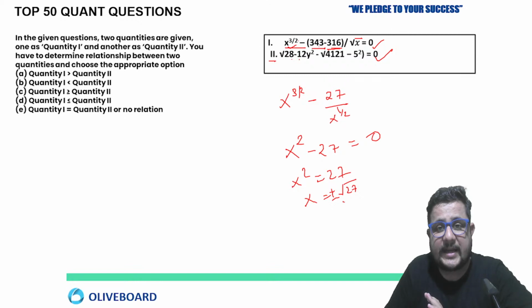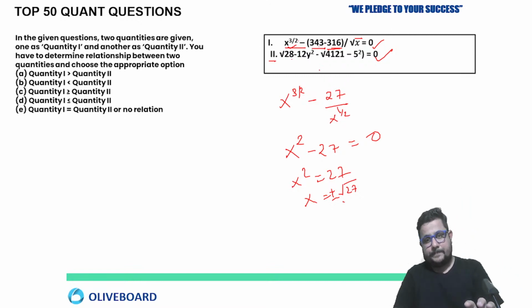Now this one. See here, don't get confused: square root 28 minus 12y square, minus square root 4121 minus 5 square. This is 25, and 4121 minus 25 is 4096. Square root means this is the square of 64. Now 28 minus 12 means 16.